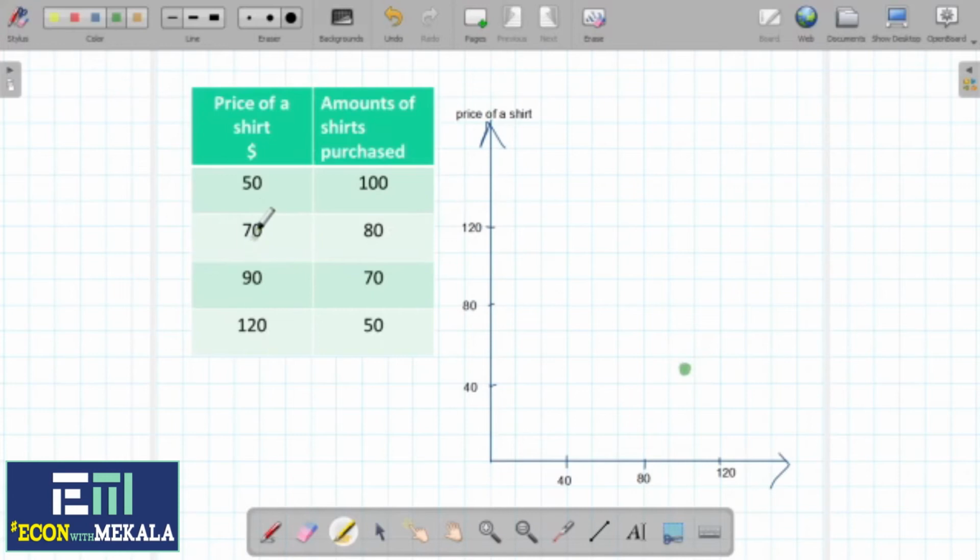Next we have price is 70, quantity is 80. So from price 50, we have to move to 70. So 70 is somewhere here and the quantity is 80 now. Our next coordinate, price is 90, quantity is 70. So if you move up in your price axis, 90 is somewhere here and quantity 70.